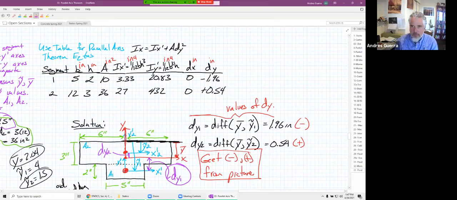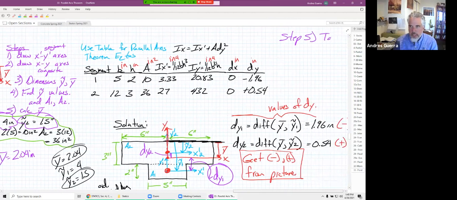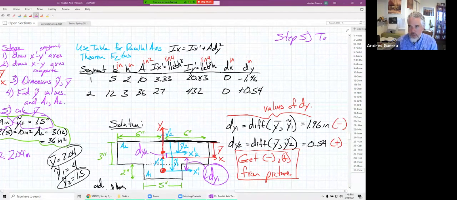I kind of lost track of our steps here. Step 5, or did we already do that, were we on step 6 now? We're on step 6. Step 6 is the table. And then maybe step 6b is the difference for dy, using the dy.